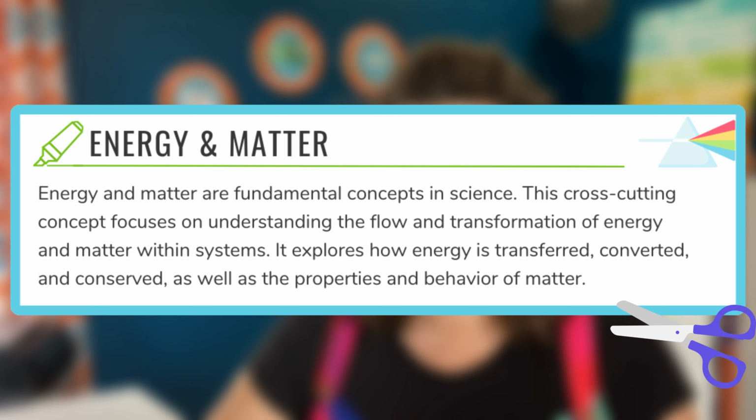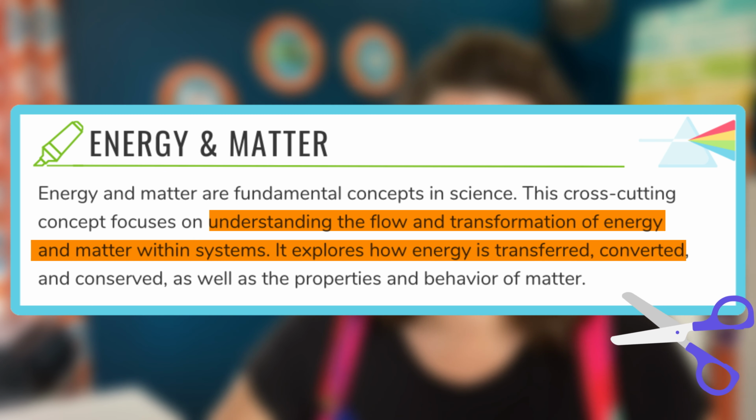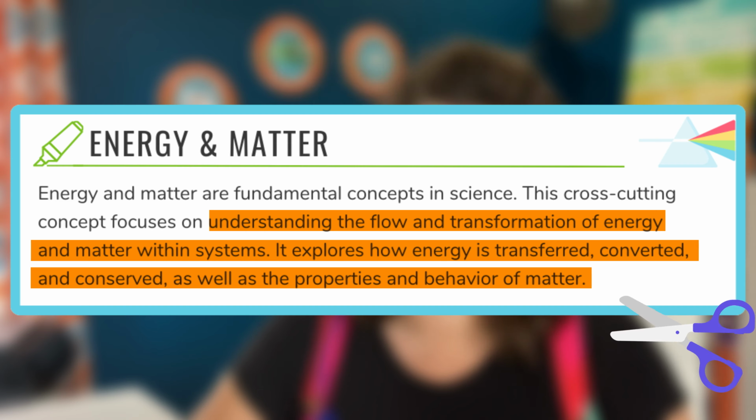to those energy changes. In lessons where energy and matter is a cross-cutting concept, we're really exploring how energy is transferred, converted, and conserved, as well as the properties that it creates or changes. Again, one earth science core idea that I'm thinking about is volcanoes.